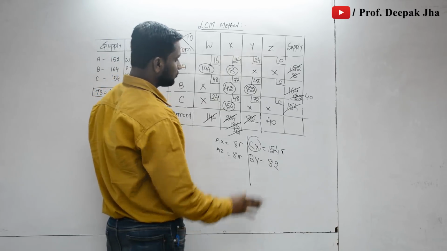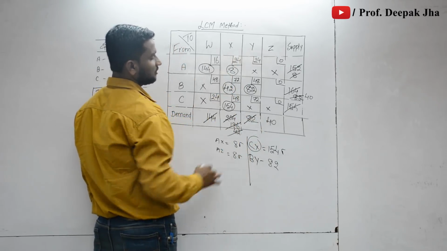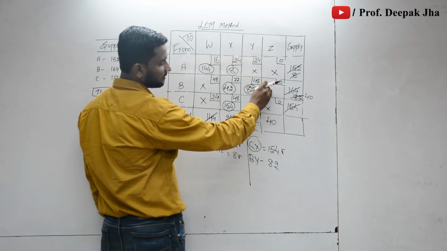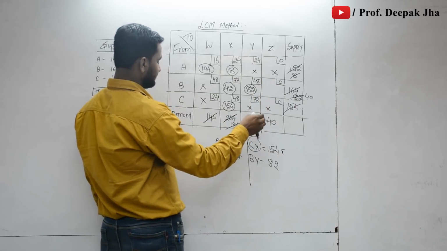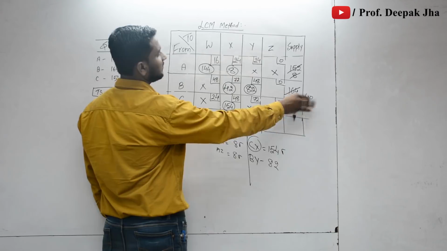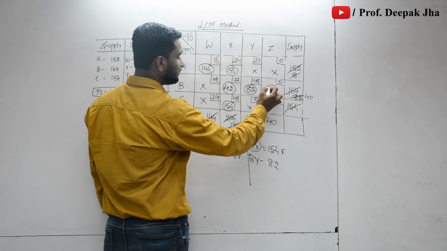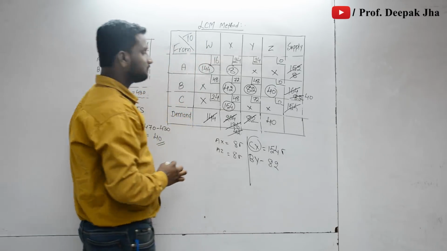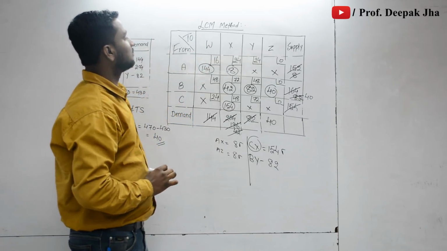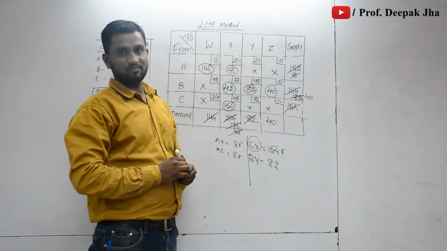At the end, if you observe, you have to make the allocation at the 0 place because there is demand of 40 and supply is also available 40. So you make the allocation at that place, and with this we have finished the allocation part.